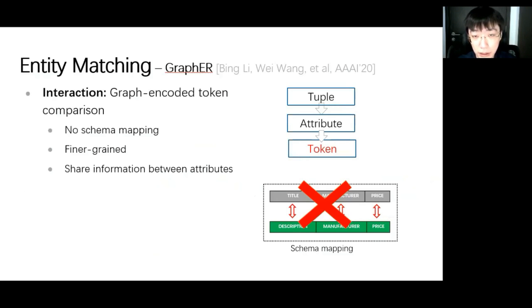Recall that in DeepER or DeepMatcher, they compare a pair of tuples at the attribute level. For GraphER, the structural information is totally embedded into the tokens, and the comparison actually happens at the token level. The benefits are that it is much more fine-grained, it can share information between different attributes, and most importantly, there is no need for the schema mapping step of conventional entity matching models.